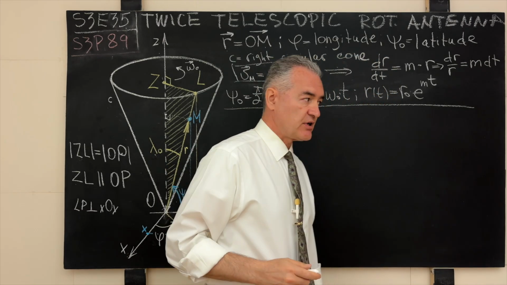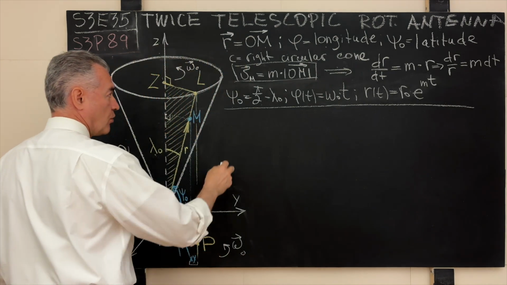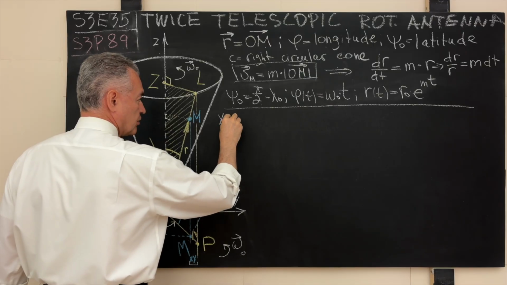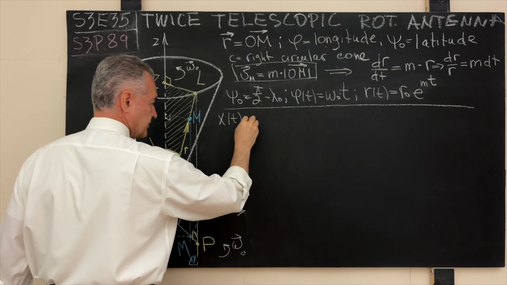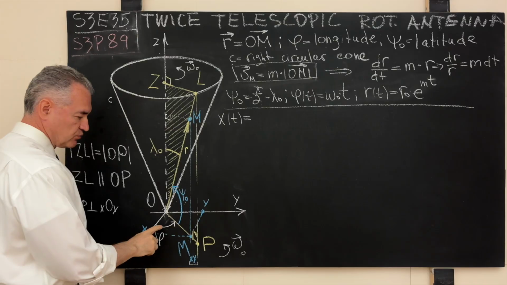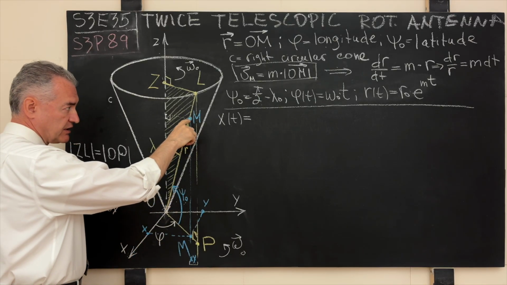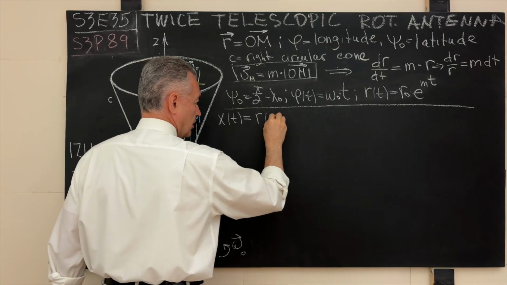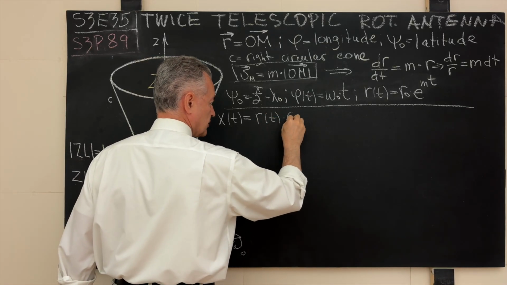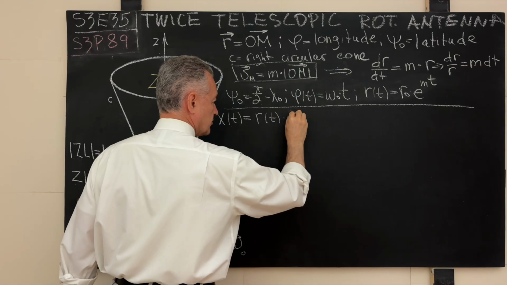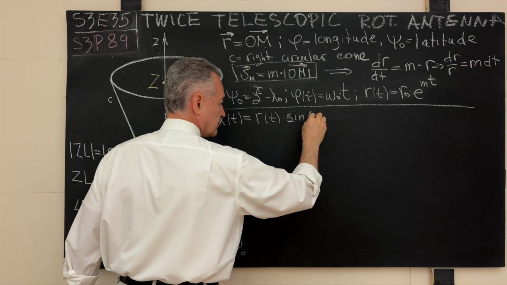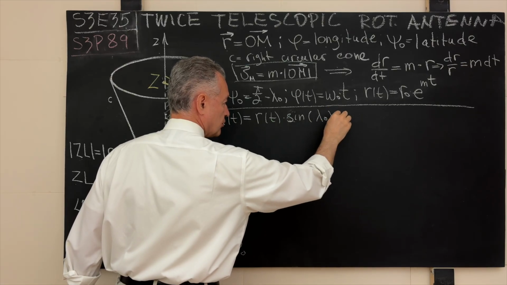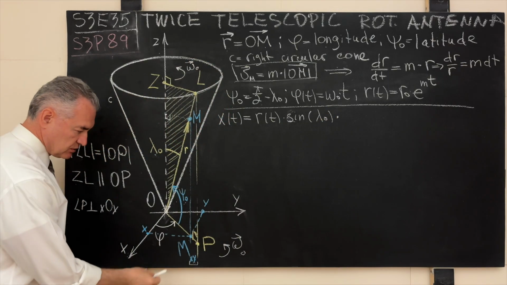So let us write down this relation together for one coordinate. For example, what will be the coordinate x as a function of t? Well, it will be the length of the radius vector OM, r of t, times the sine of lambda 0, times what? Look at this.